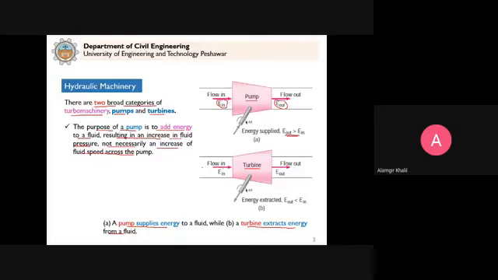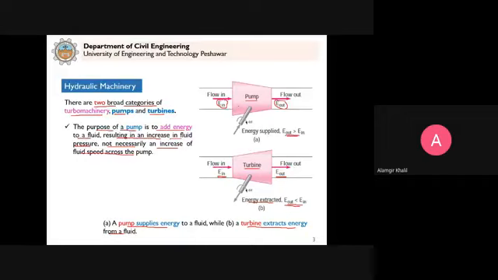It means that the fluid enters a turbine, and after it passes through the turbine, the outflow energy will be less than the inflow energy. Because the energy is extracted, the outflow energy in the case of a turbine is less than the inflow energy of the fluid. So essentially pumps and turbines are opposite. Their working is the opposite.